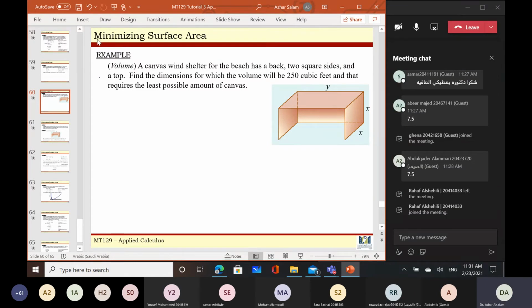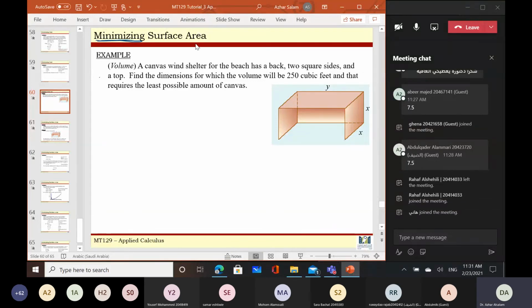Okay, now it's also an optimization problem, minimizing surface area. Let's expand further now from area and perimeter; we will take the volume and the surface area. The question here contains a volume.